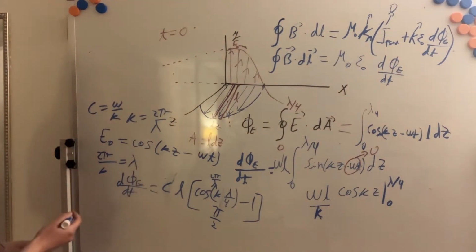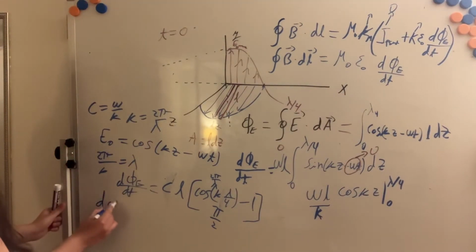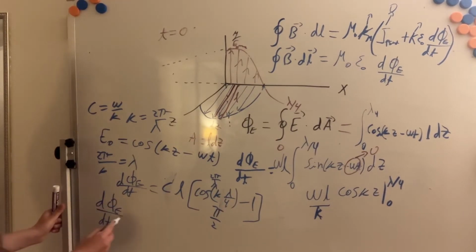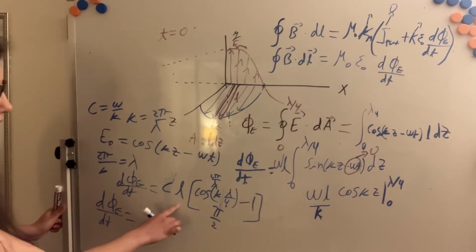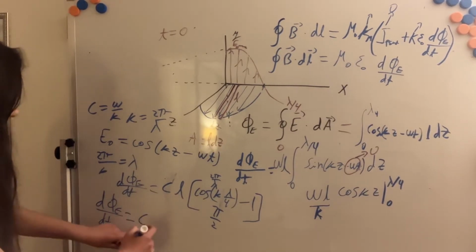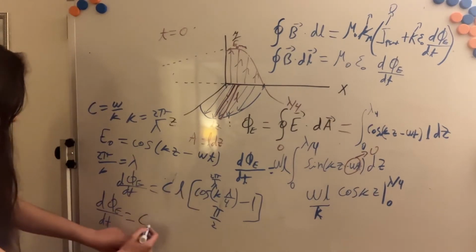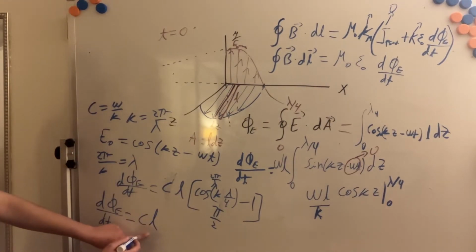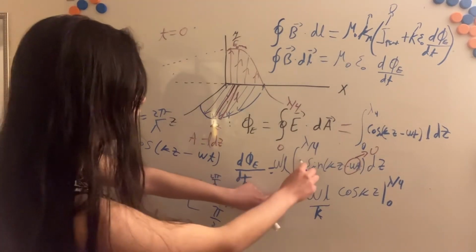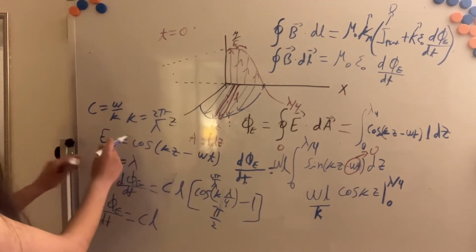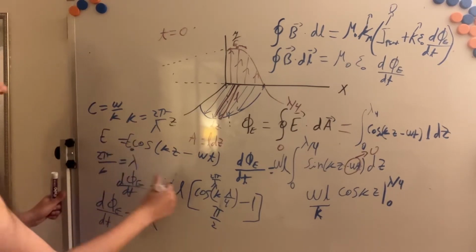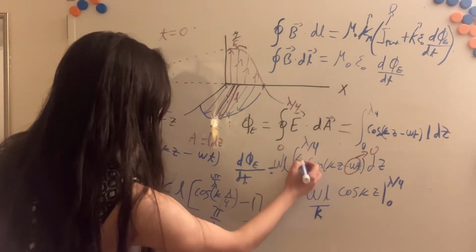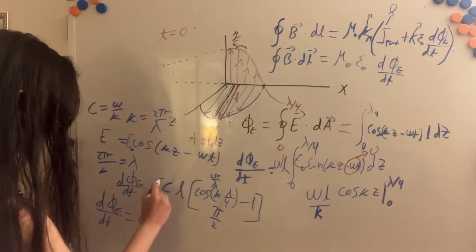And we just have that the derivative of the electric field in dt is the speed of light times L, or I forgot to put, here I forgot to say the electric field is equal to the electric field not times cosine of this, so to put it here.